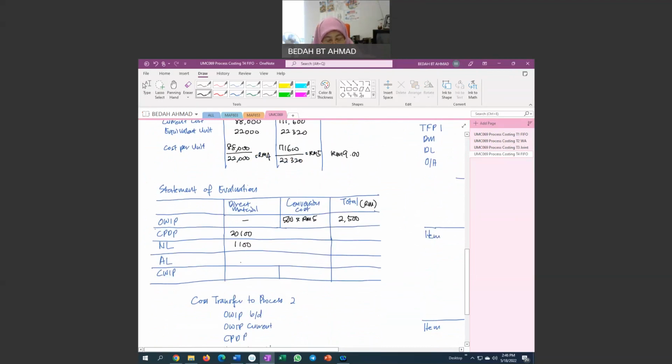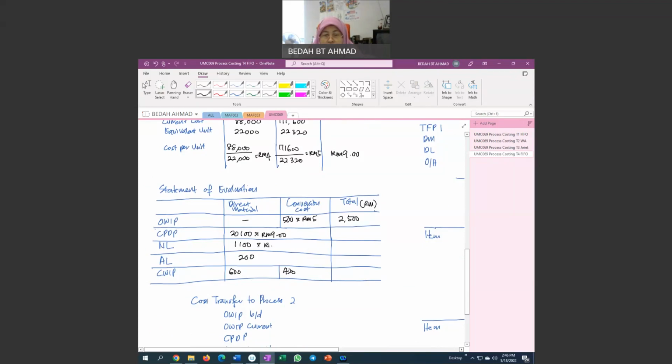Then the abnormal loss is 200. The closing work in progress for the direct material is 100% completed, so it is 600. And 70% completed for the conversion cost, it is 420. So here you multiply by the cost per unit, RM 9.